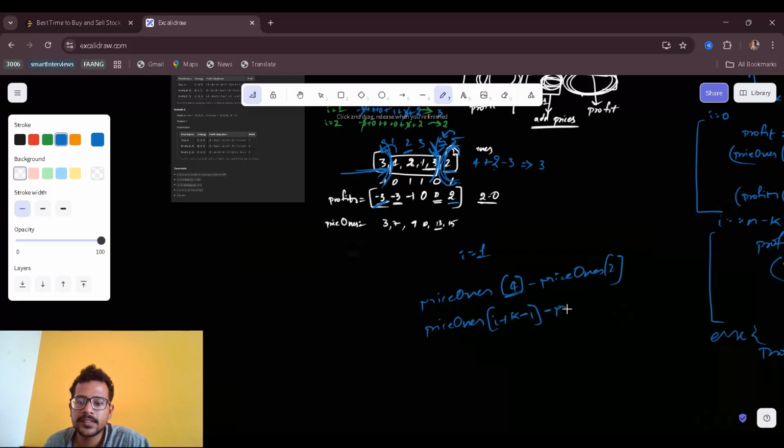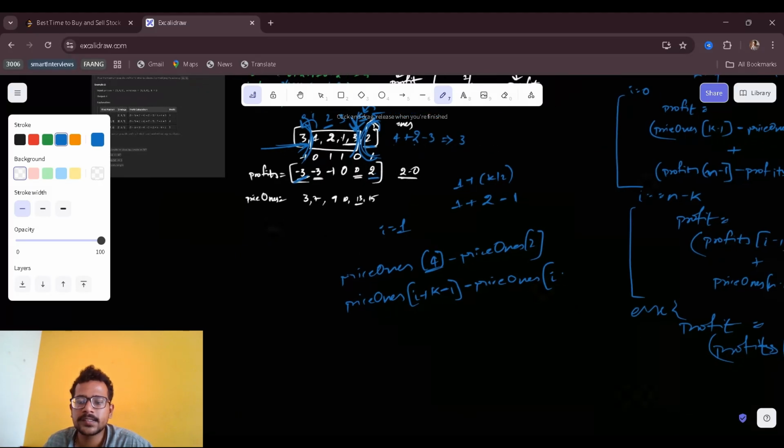Now how do I get this 2? I'll tell you. For 2, what I'll do is 1 plus k by 2, which is nothing but 1 plus 4 by 2, that is 2. 1 plus 2, I am getting 3. But if I do minus 1, then I can get 2, right? So, I plus k by 2 minus 1.